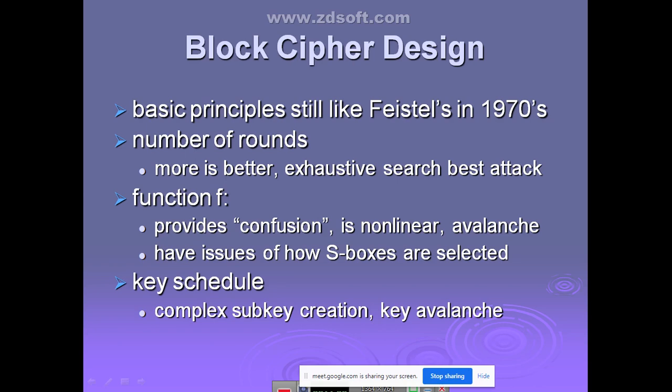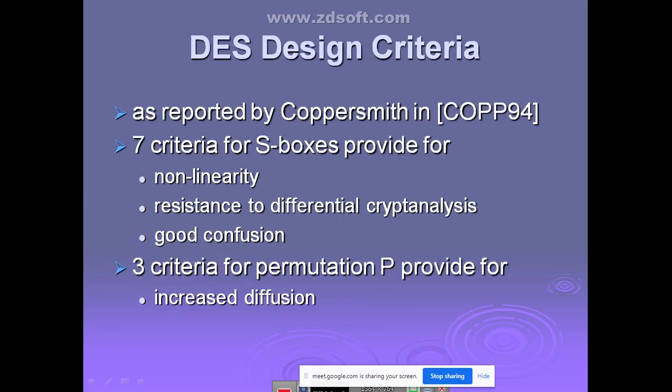In that we are going to study exactly what the DES design criteria are. There are 7 criteria used for the S-boxes. See how the DES algorithm has been designed. It uses 8 S-boxes, the substitution boxes, that we have studied. These 7 criteria provide non-linearity and resistance to differential cryptanalysis, and they give you good confusion.